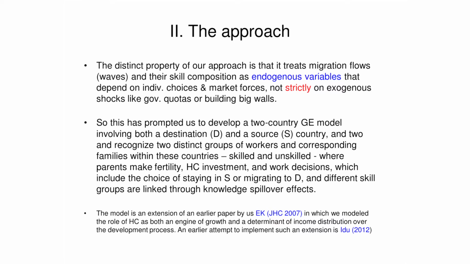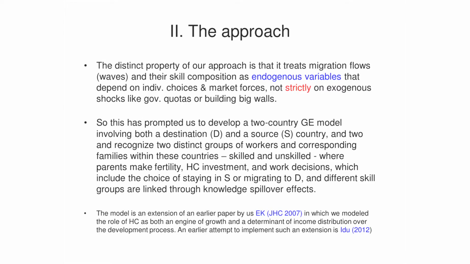In order to get to the essence of the changing patterns of skill distribution, you have to take into account at least two distinct groups of workers and corresponding families in the same countries, and the skill groups are going to be the skilled and the unskilled.